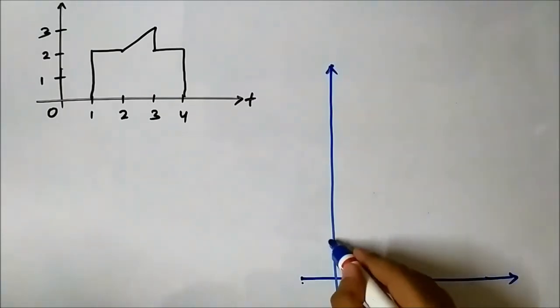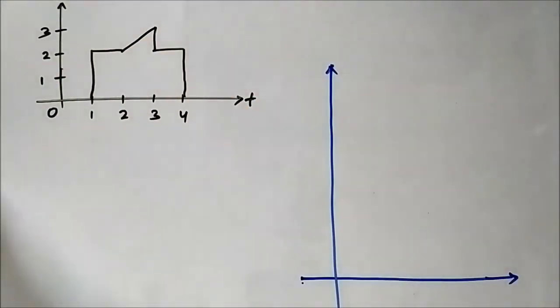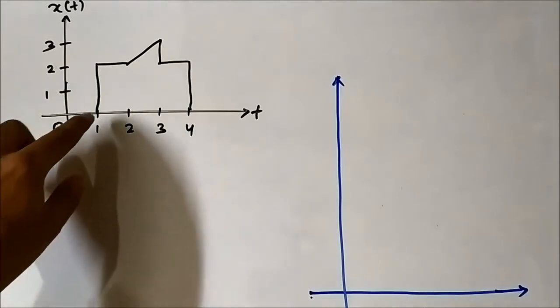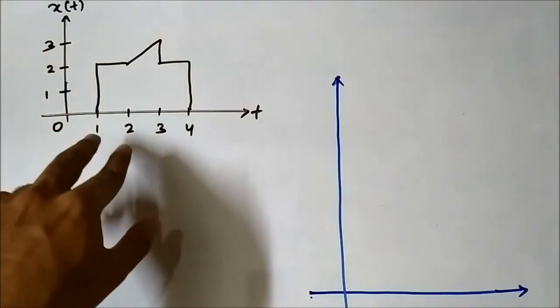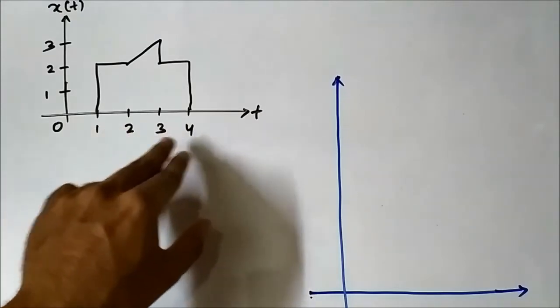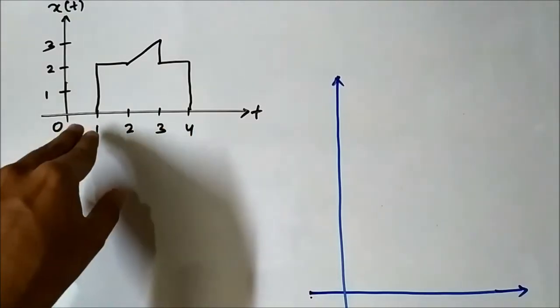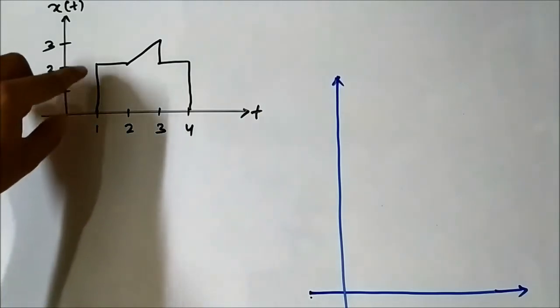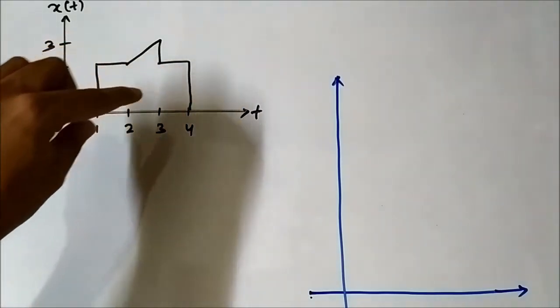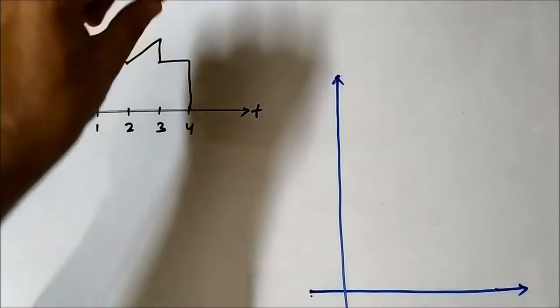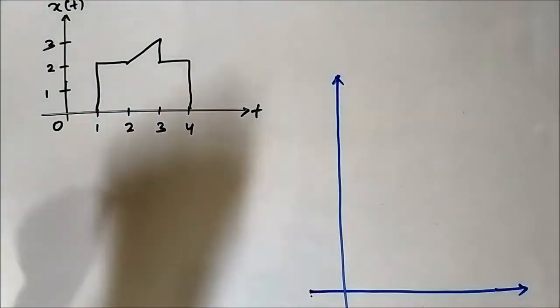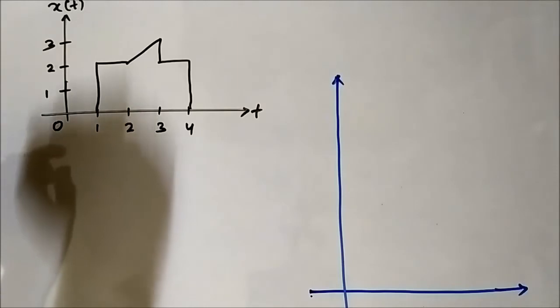As I said, in amplitude scaling, at all the distinct points, you have to notice in the original signal the various points at t equals 1, 2, 3, 4. You have to note the amplitudes, and in the scaled signal, you have to multiply those amplitudes by the scaling factor. So here it is y(t) equals 2x(t).